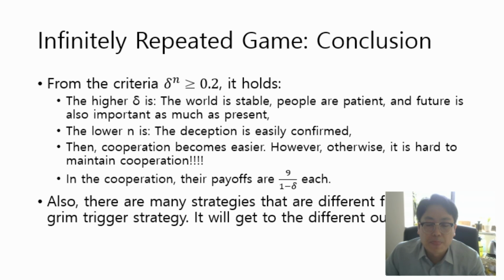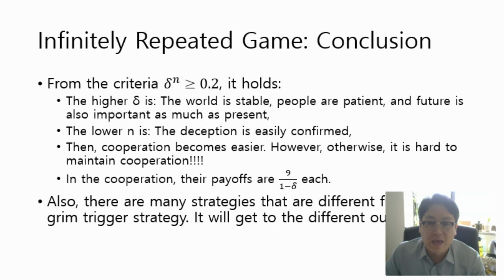Said differently, when delta is very low, it means people think that the world is unstable. People are very impatient and think that the future doesn't have any meaning, and that only the present is important. If people think like that, they don't cooperate. They just focus on what they have and on themselves. So they don't care about the future, so no one cooperates.